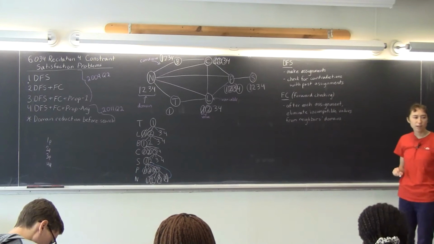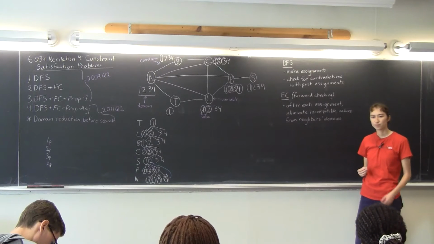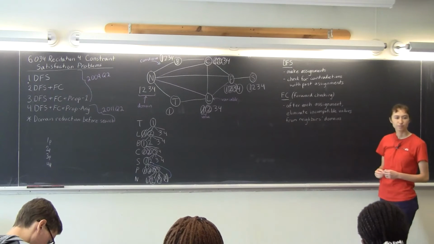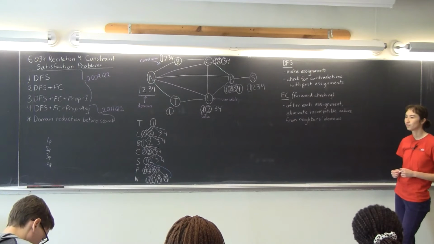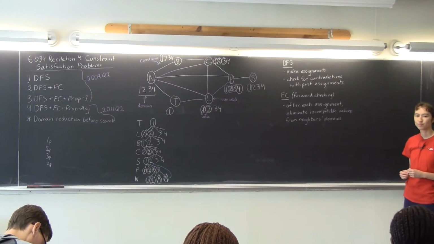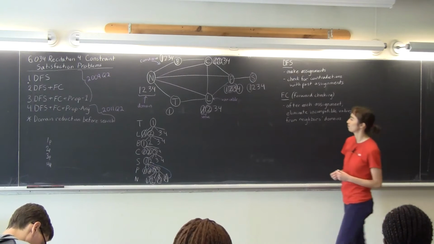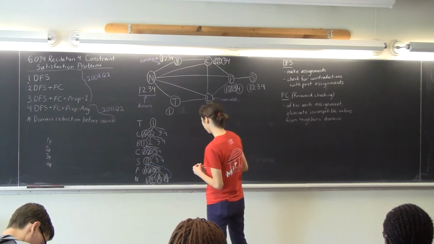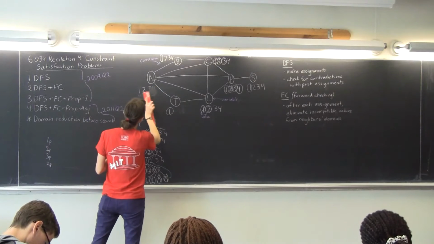So if we eliminate values by crossing them off, what would happen when we backtrack? We can just get there and find out. OK, so I'm going to reset the domains on this graph.